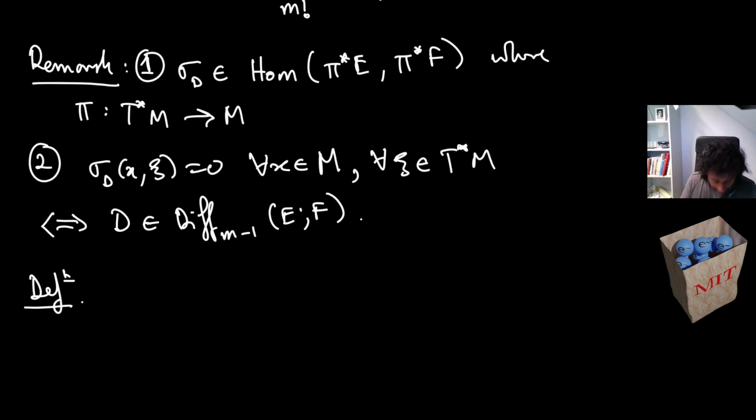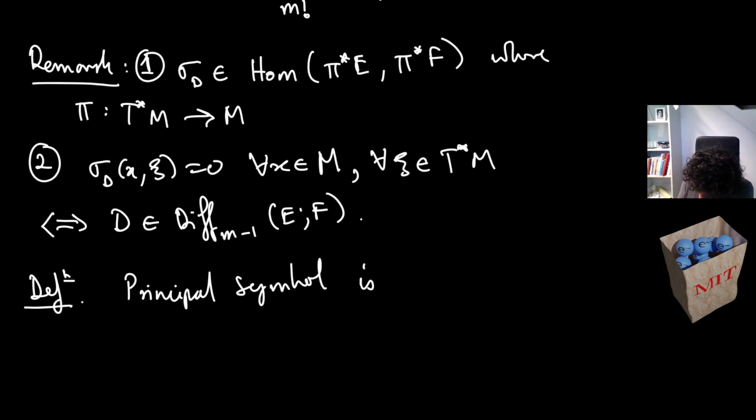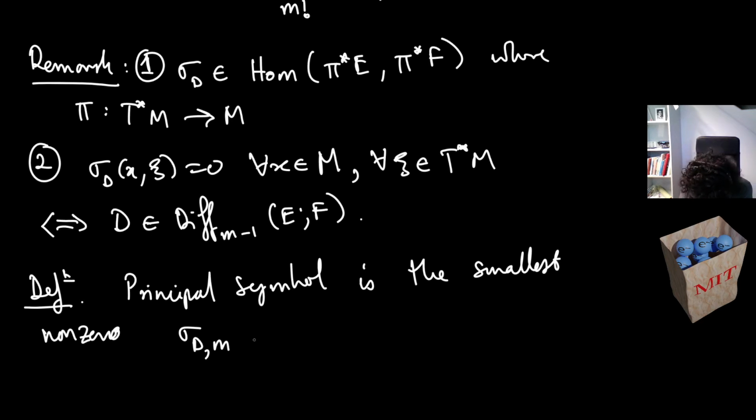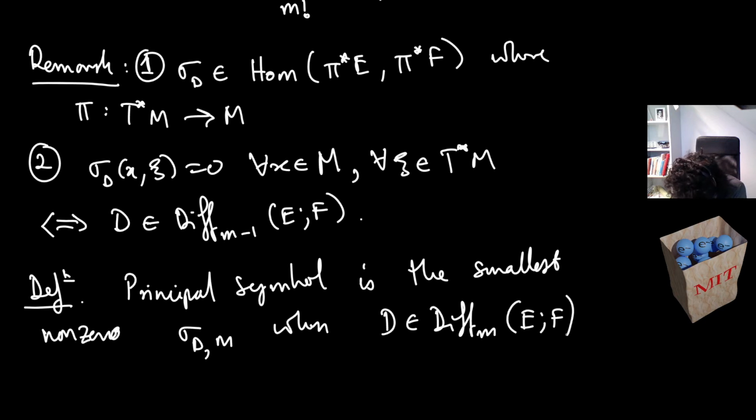The definition then is that the principal symbol is the smallest non-zero sigma m, or I should say sigma m, when D is in Diff m of E, F. Okay, so I think that works.